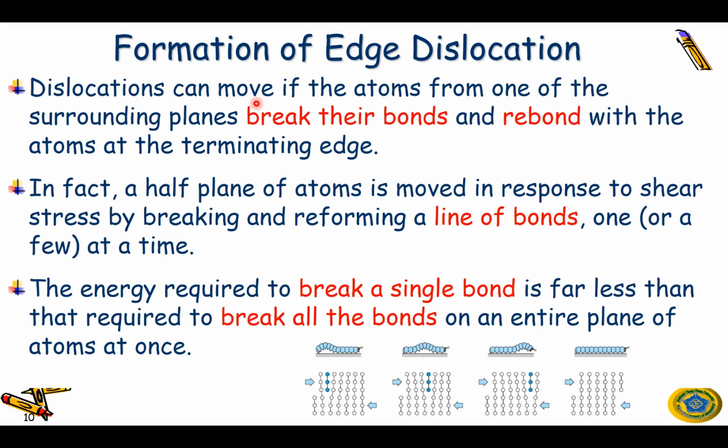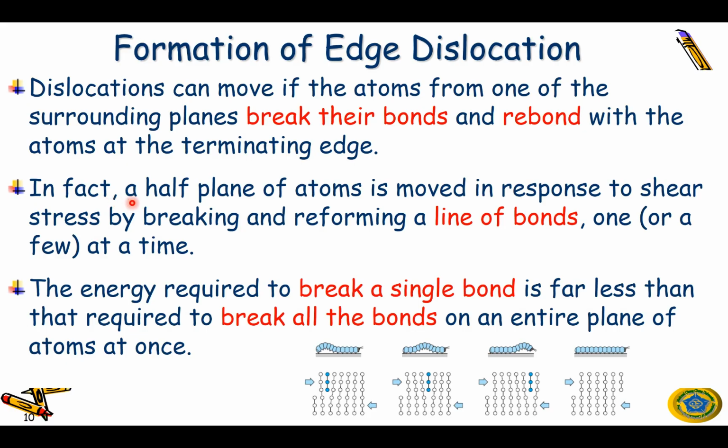So dislocation can move if the atoms from one of the surrounding planes break their bonds and rebond. Break bond, rebond, break bond, and rebond, with the atoms at the terminating edge. The terminating edge is here, right? Break bond, rebond, and continue until it reaches the terminating edge.